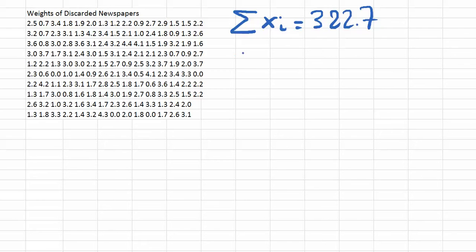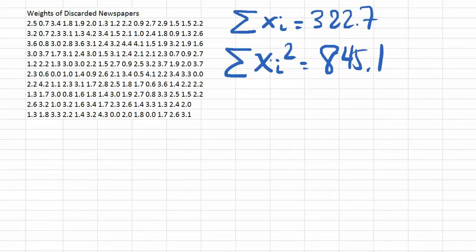And they tell you also that the sum of xi squared, or sigma xi and sigma xi squared, as you say, is 845.1. So where does that come from? Well, they just tell you that to save you time. They've calculated it for you.